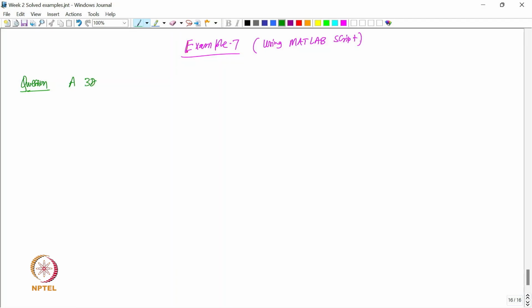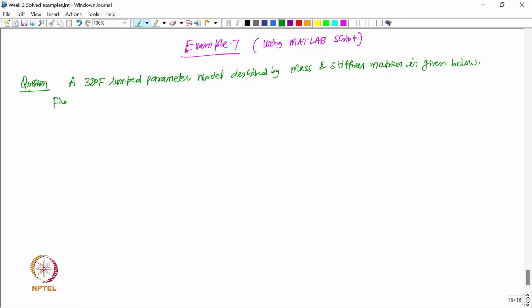A 3 degree of freedom lumped parameter model described by mass and stiffness matrices is given below.